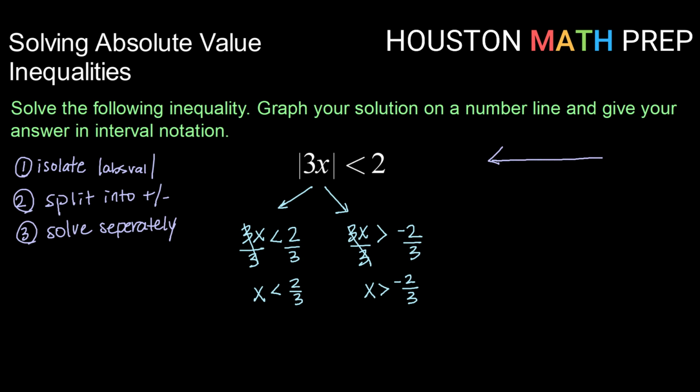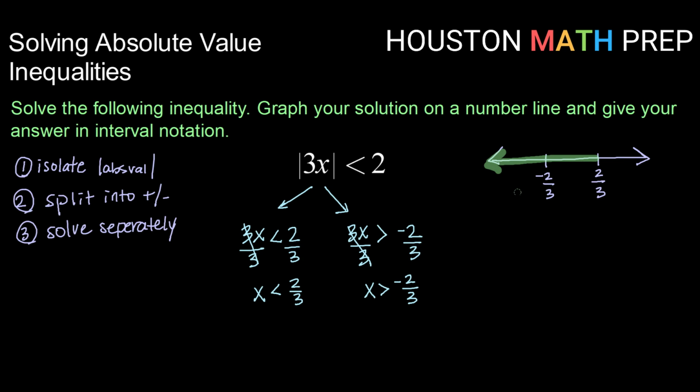Next, I'm going to graph both of those on the same number line, making sure that I'm putting my two values that I'm going to be working with in correct numerical order. So in this case, making sure the negative 2/3 is on the left and 2/3 is on the right. And then I'm going to shade. So if x is less than 2/3, less than means I'm going to shade to the left of 2/3.